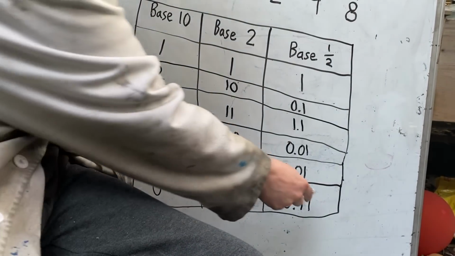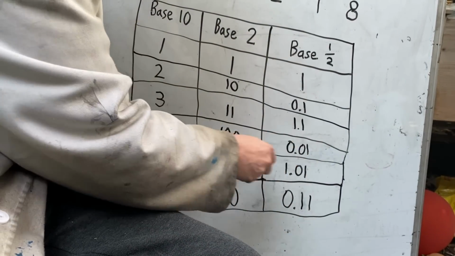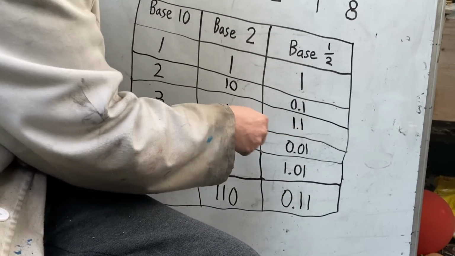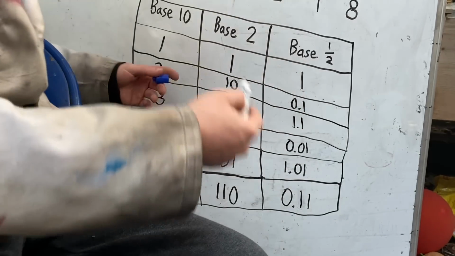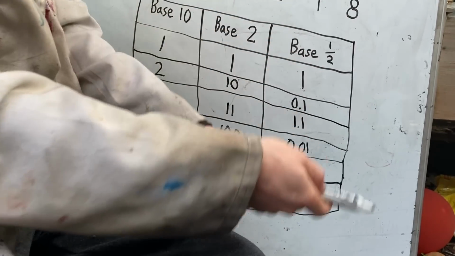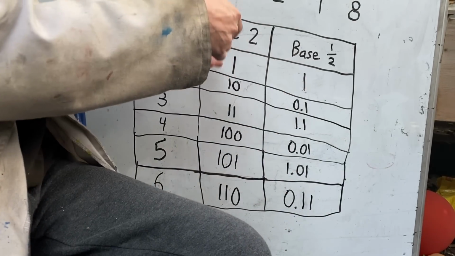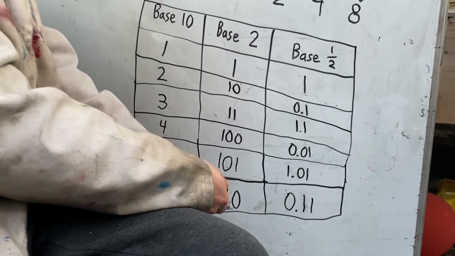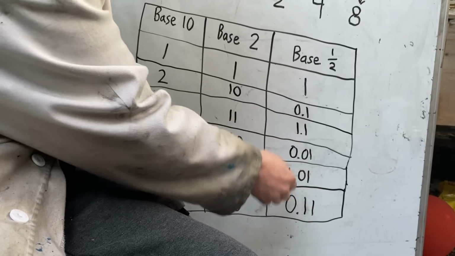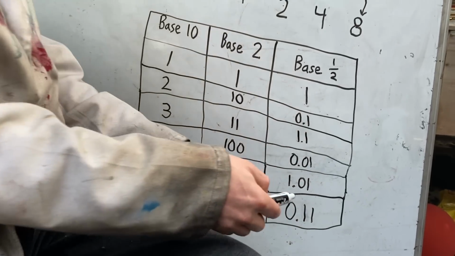It looks like they're mirrors of each other, but with a decimal stuck one place in. And it's true, the base 1/2 representations of integers will just be a flipped version of how base 2 binary writes them, but with a decimal point stuck right in there after the first place.